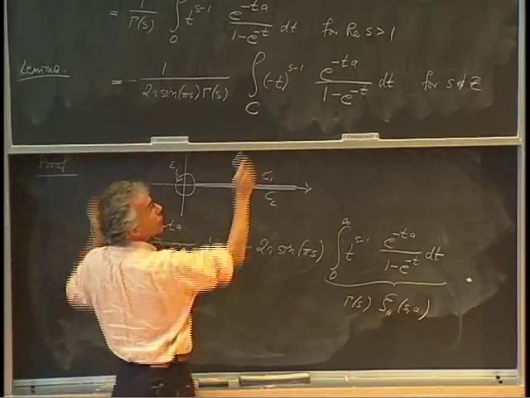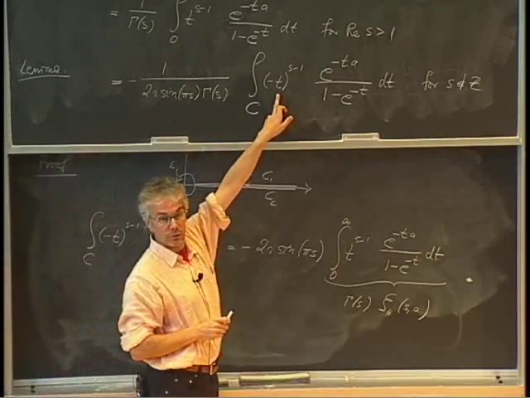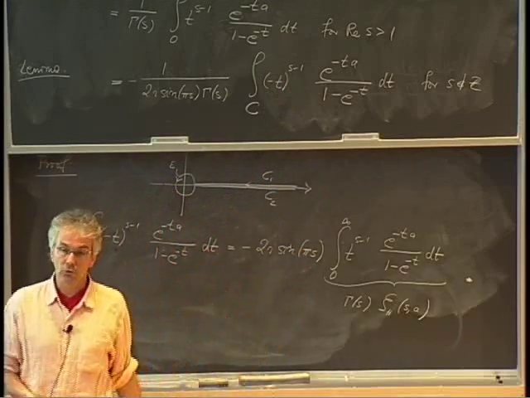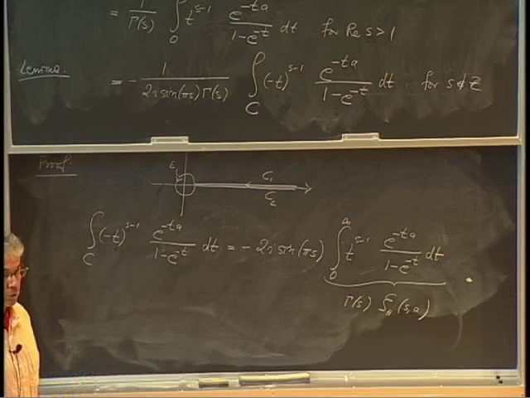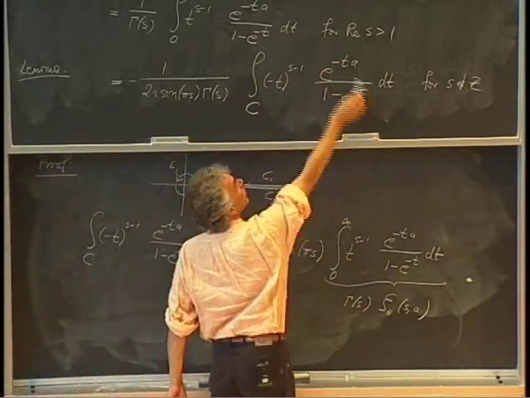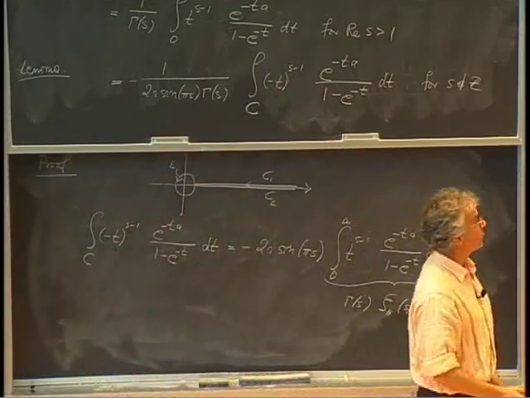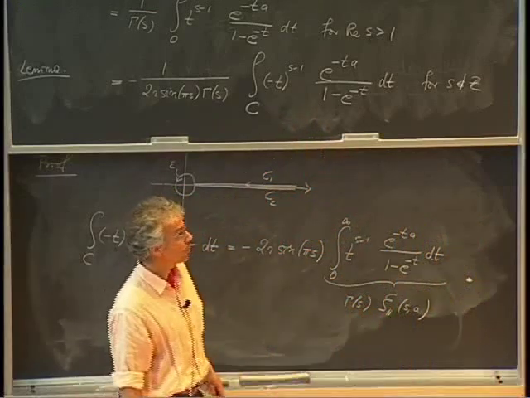Then the only singularity that is inside the contour is located at t equals 0. And the integral can be evaluated using the residue theorem by simply looking at the coefficient of the 1 over t term in the expansion of this expression. And that expansion is exactly identical pretty much to the definition of the Bernoulli polynomials.